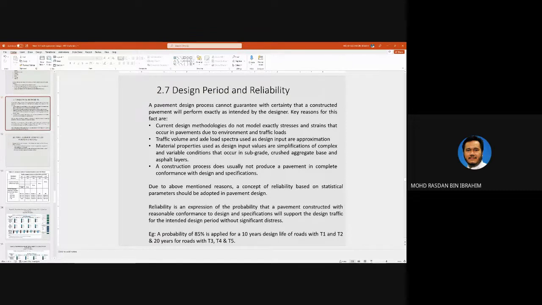For example here, a probability of 85% applied to 10 years design of roads T1 and T2, and 20 years for roads T3, T4, and T5. So the probability is just 85%. You are confident that this road is designed appropriately and it will have a good performance.